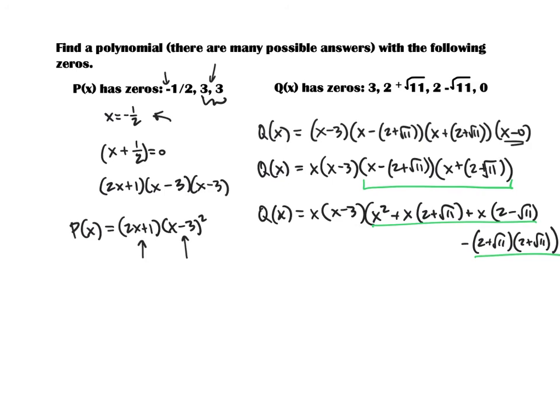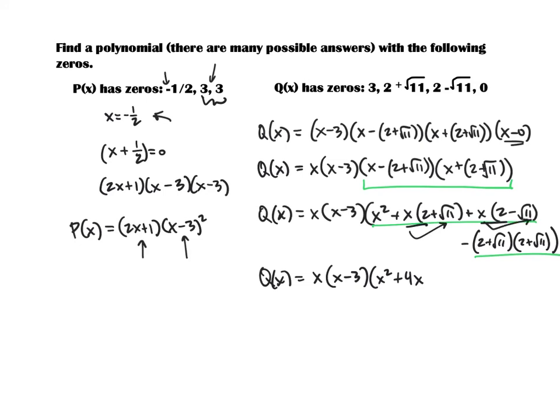Alright, so let's try to combine some like terms. So q of x. The only reason I'm doing this is because I don't like the roots in there, so it's kind of preferential, but whatever, we'll deal with it. So I'll have x squared. Okay, notice I'd have 2x and 2x, which would be plus 4x. And then if I were to distribute here, these would cancel, right?